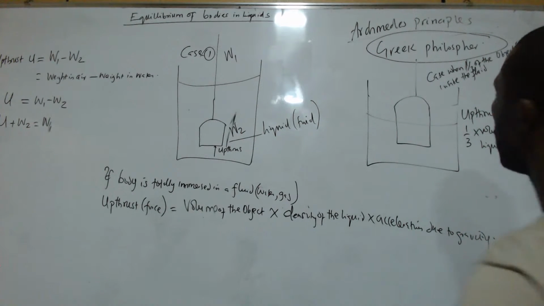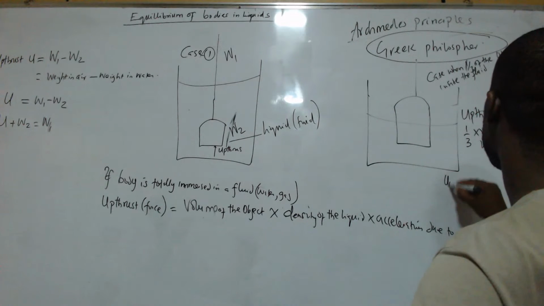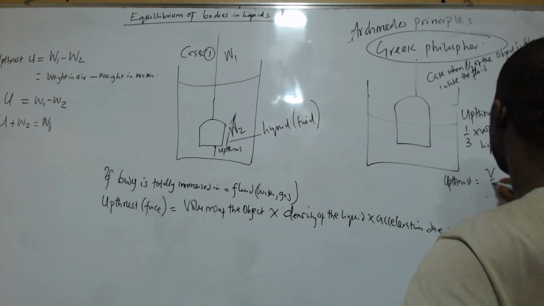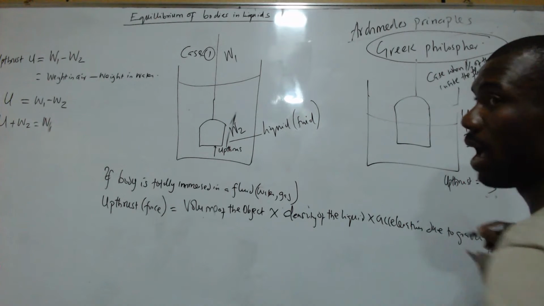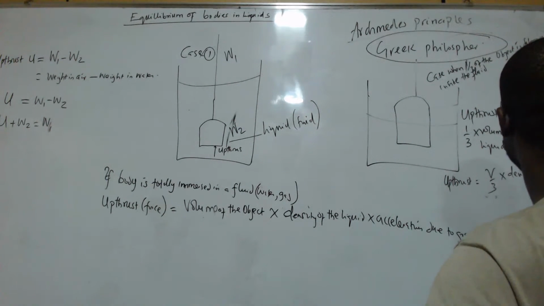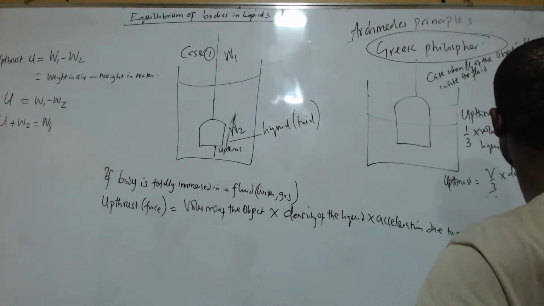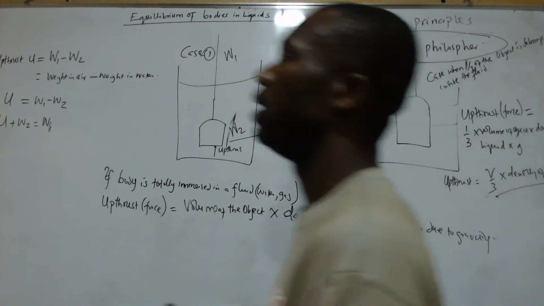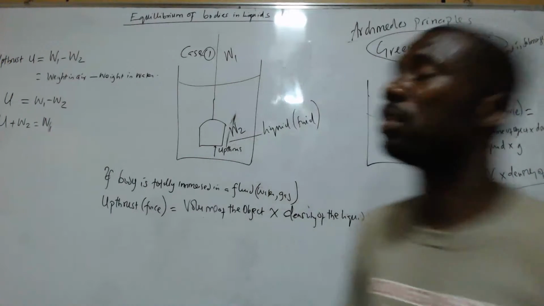So we can also say that upthrust is equal to V/3 times density of liquid multiplied by g. That is how it is when the body is partly submerged inside the fluid.